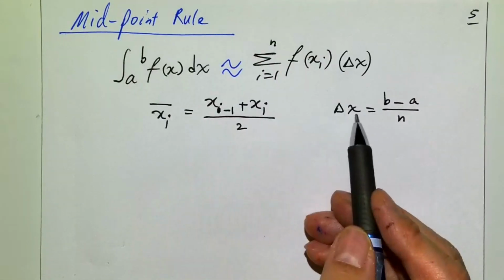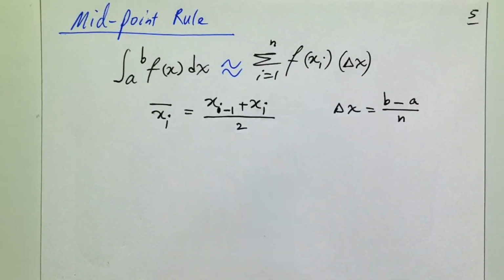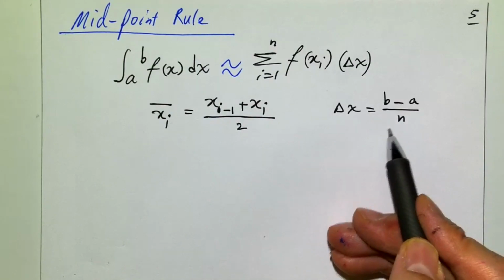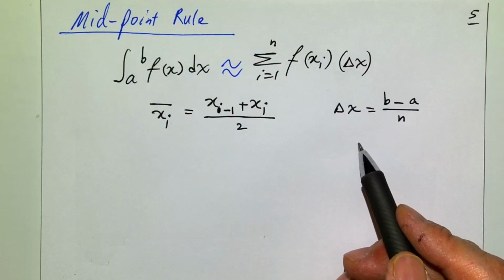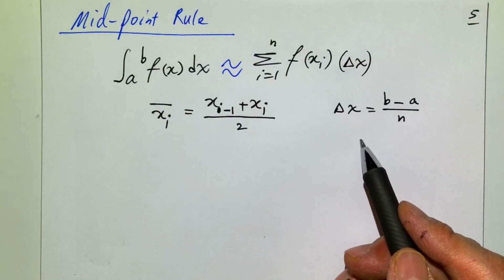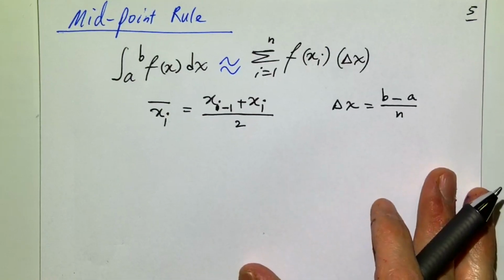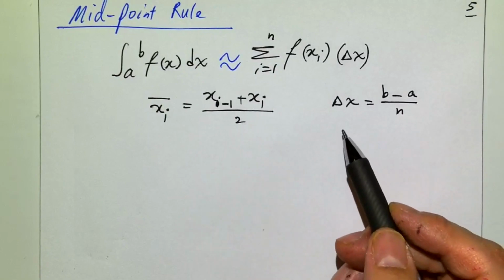But this is not using left endpoints or right endpoints, but using the midpoint of each of these n intervals. We did one example in section 5.1 involving the midpoint of the rectangles, right? So please refer back to that to refresh your memory.